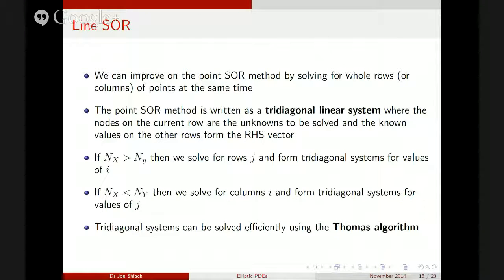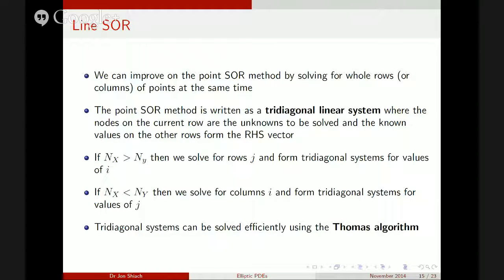Now, the point SOR is so called because you're just dealing with each point in turn. What we can do with the line SOR is solve for whole rows or columns of points at once. If we use a second order finite difference method, we end up with what's called a tridiagonal array.